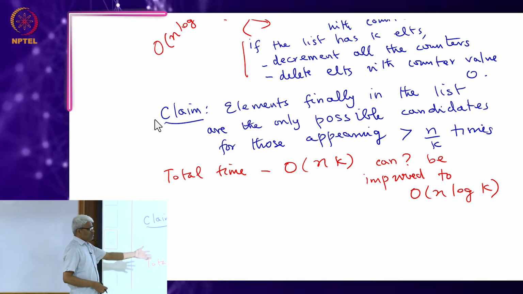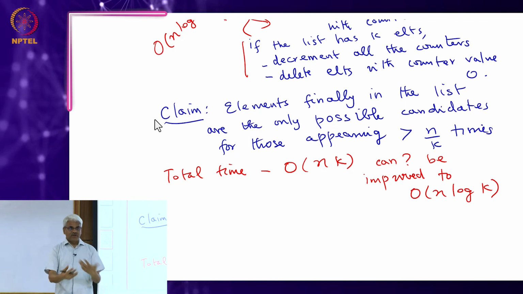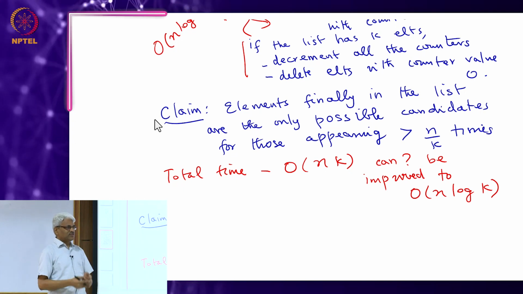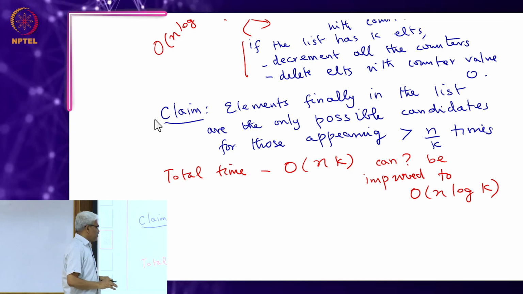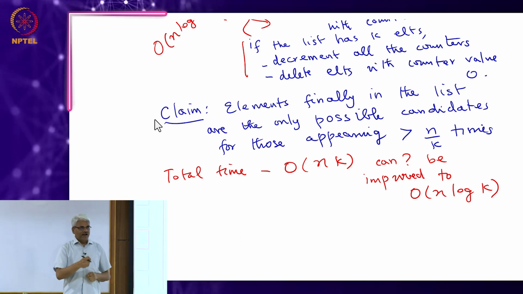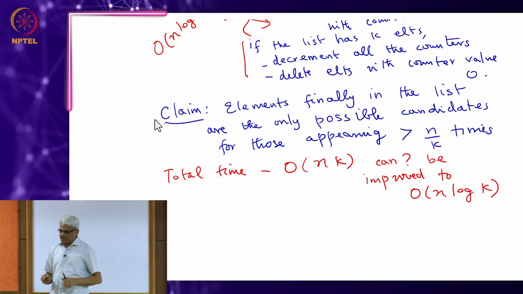k is going to be 3, 4, or 5 in real world practice, because I want to know which elements have appeared more than n by 10 times. So k is a small constant. Even nk I may be willing to live with, but as a good programming or algorithmic exercise, think about whether you can do it in n log k time. But how much space?